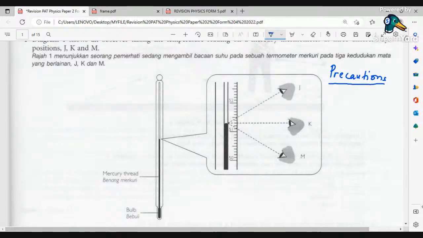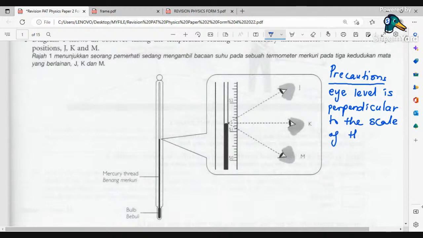So the statement that we always write as a precaution is that the eye level or eye position is perpendicular to the scale of the thermometer, to prevent parallax error.